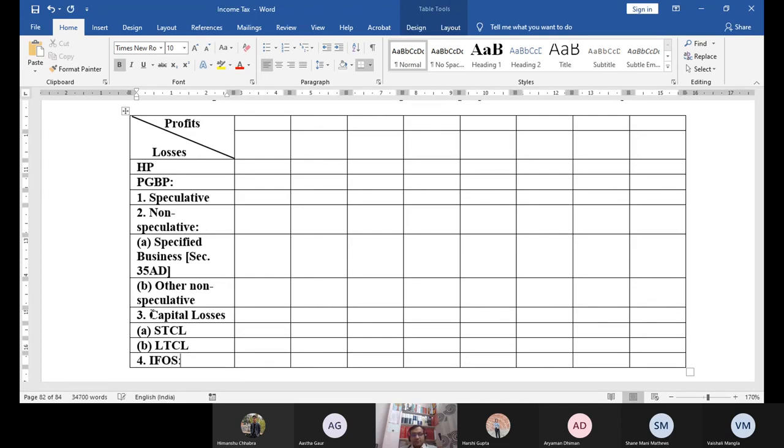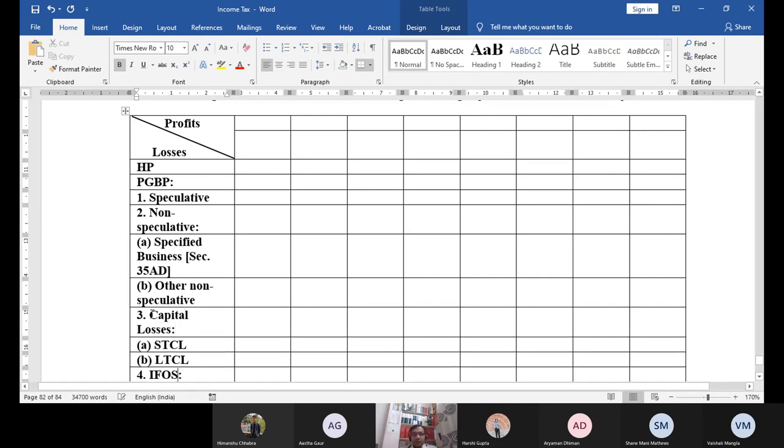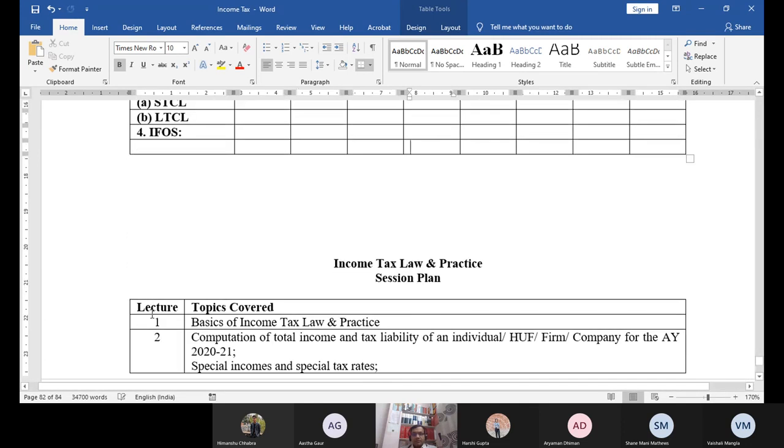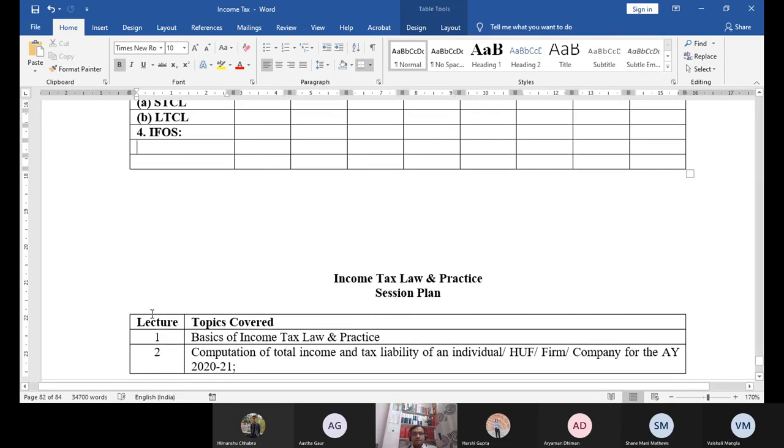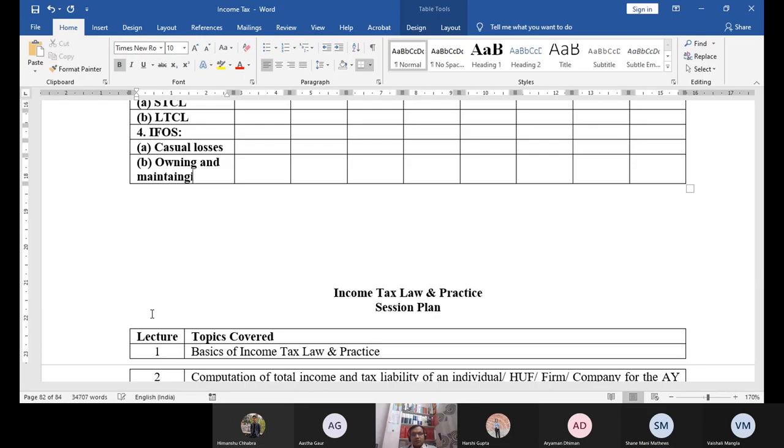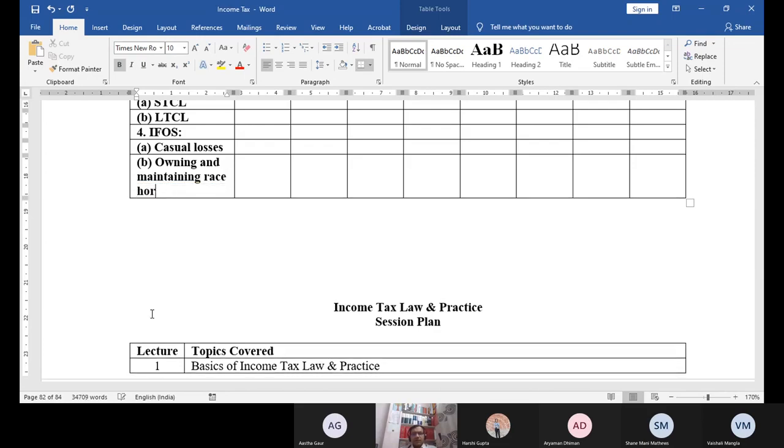IFOS. Within this, I have framed two categories, if you remember. Casual losses like gambling, etc. Owning and maintaining resources, I'm writing the entire line, resources. Other losses.